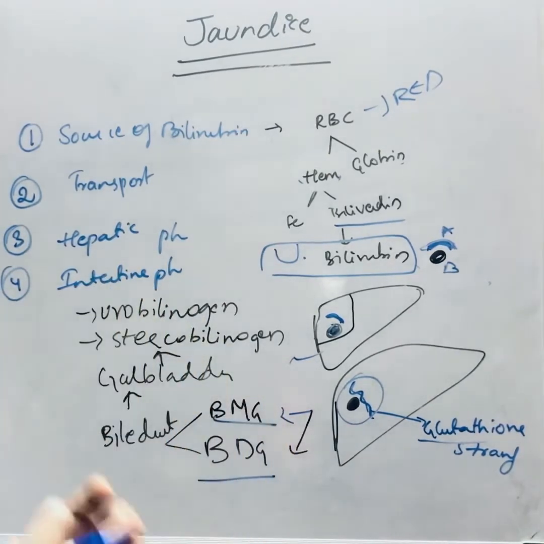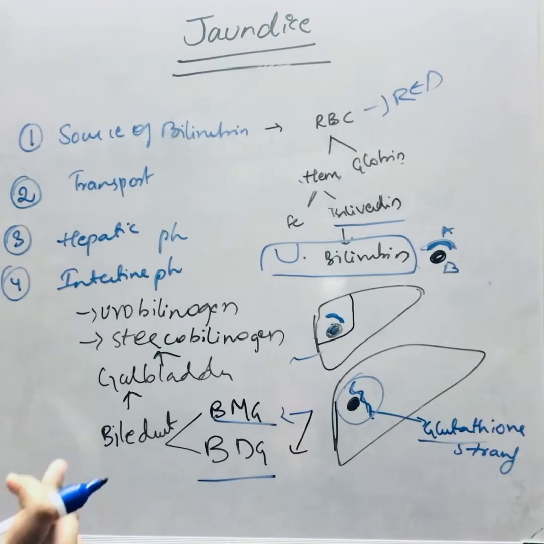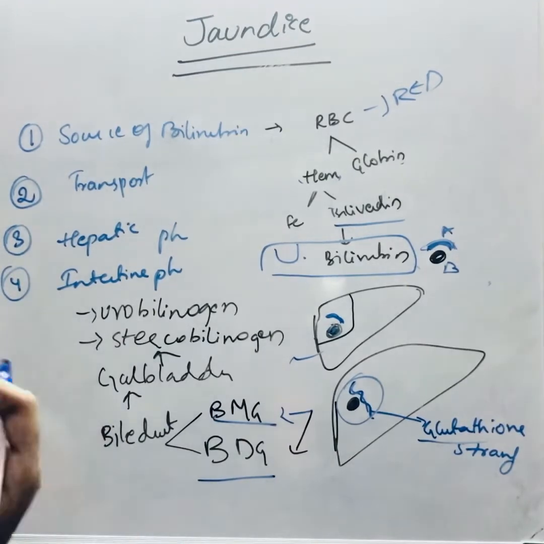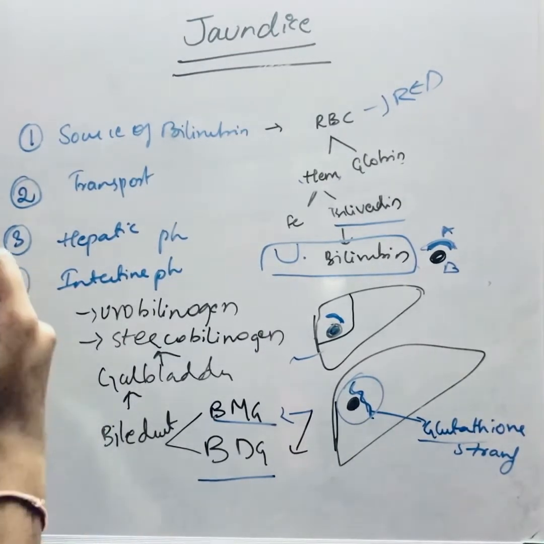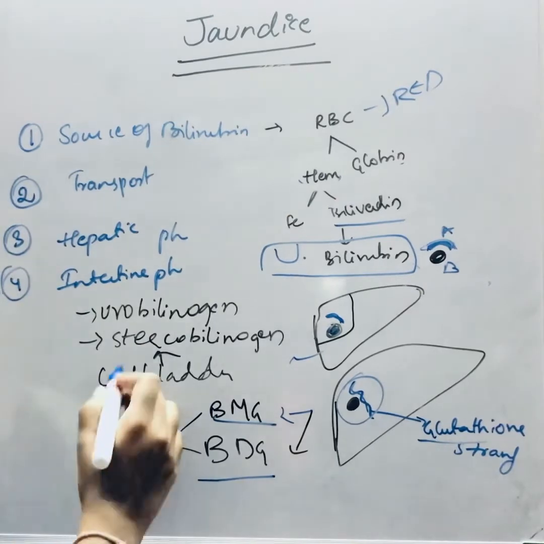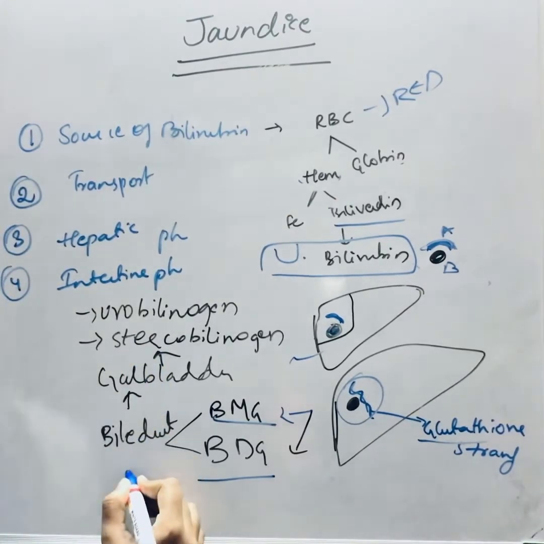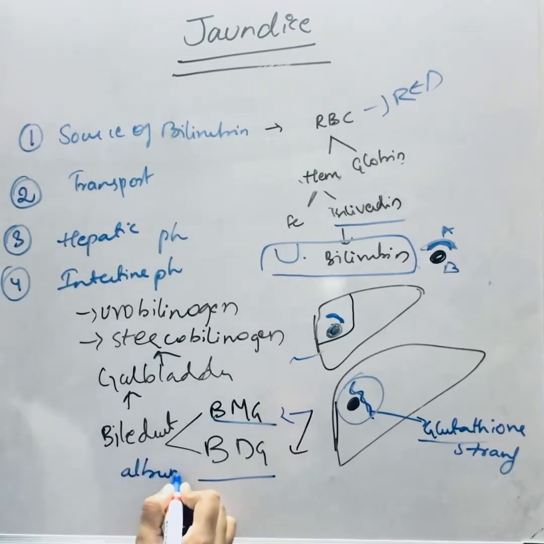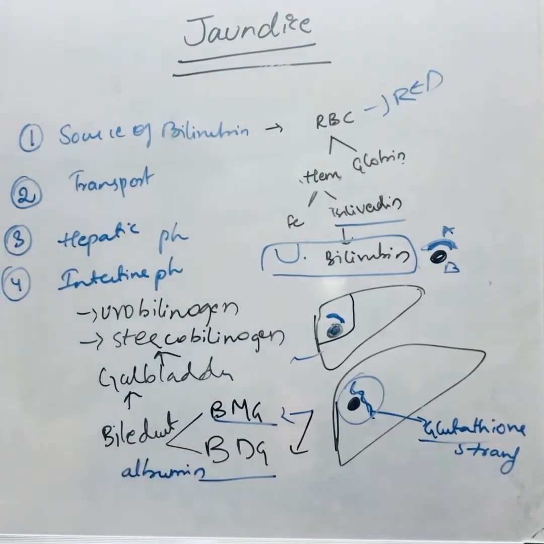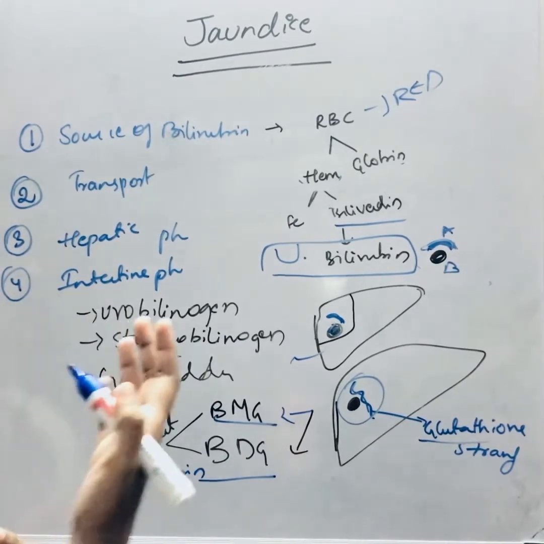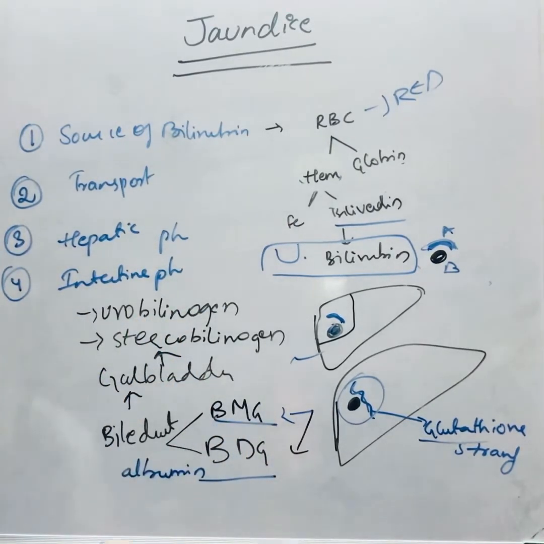This diglucuronide enters the canaliculi, that is the bile duct, with the help of MRP2. Otherwise, if there is any obstruction in the canaliculi, it enters the plasma with the help of MRP3. To enter the gallbladder, it requires albumin. This diglucuronide will bind with albumin in two forms, reversible or irreversible.